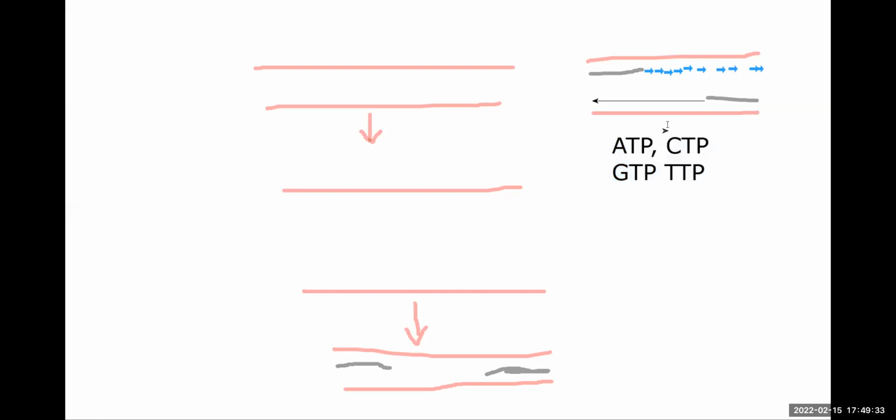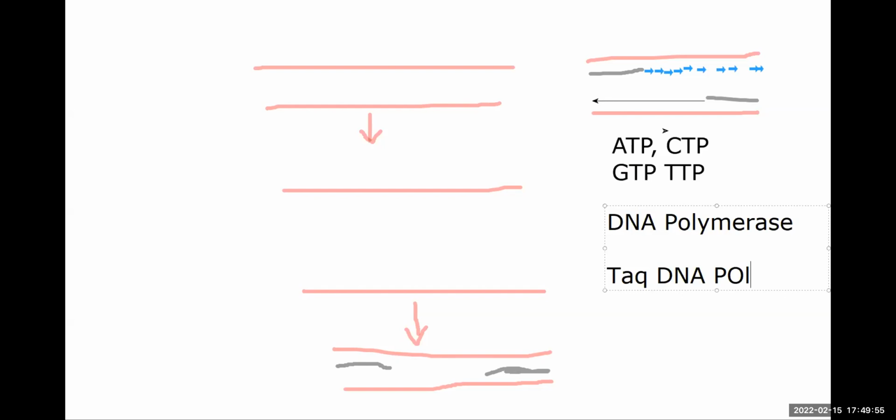Now, who will do the synthesis? This synthesis is also done by a DNA polymerase. But this is a special DNA polymerase called Taq DNA polymerase. Why special?